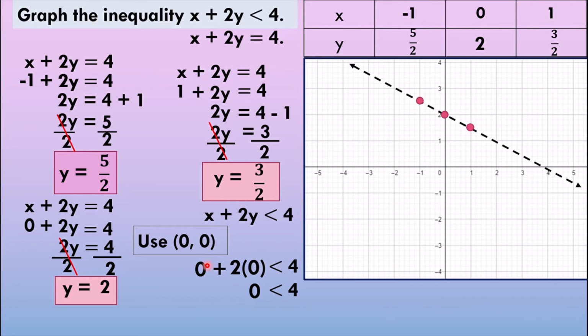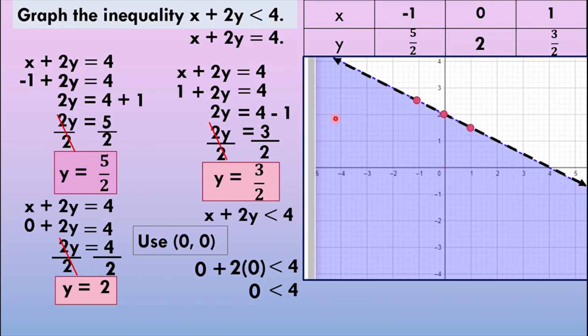So, the test point satisfies the inequality. 0 is really less than 4. So, therefore, we shade the half plane containing 0, 0. Because here is the 0, 0. Here we can see our test point 0, 0.